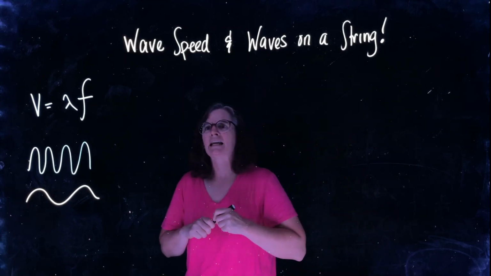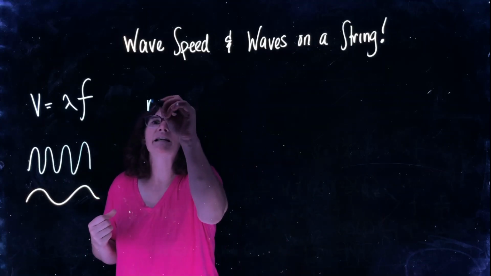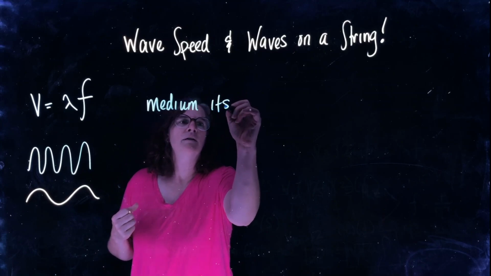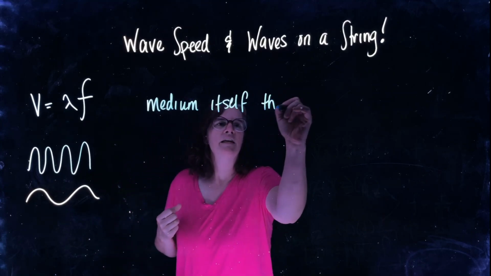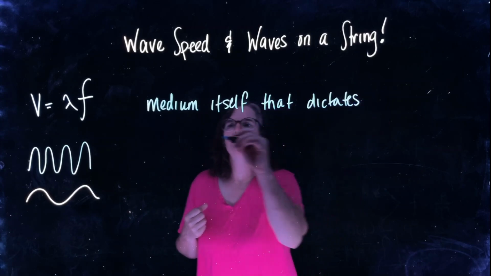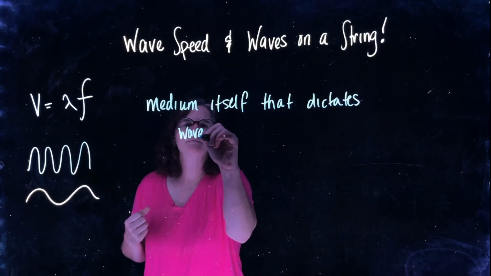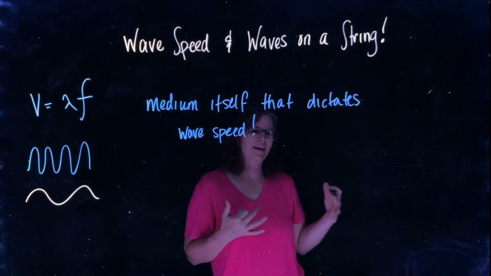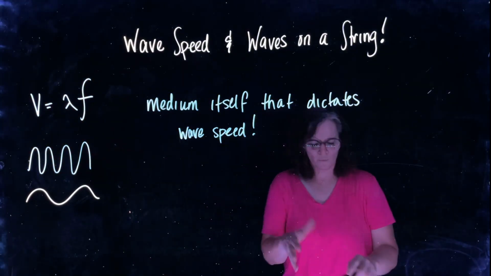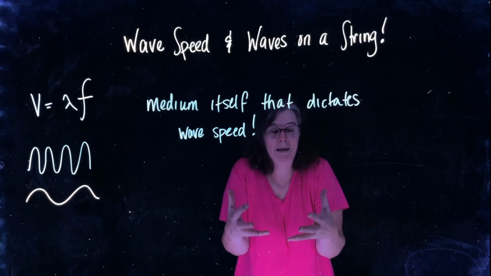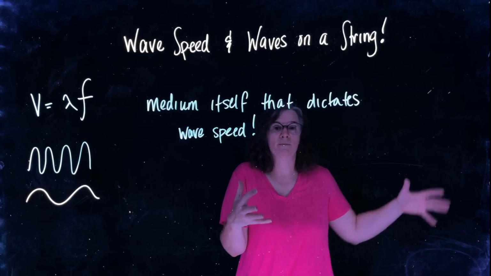We find that it's the medium itself that dictates wave speed. Now, why might that be the case? Remember, a wave is an energy disturbance as it travels through the medium.